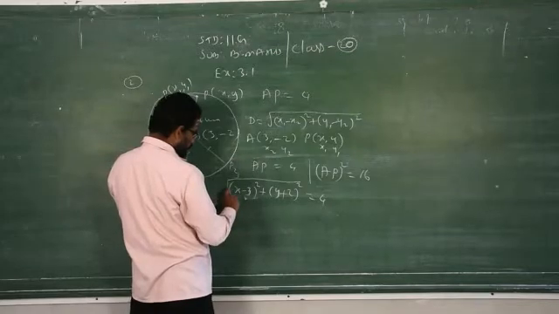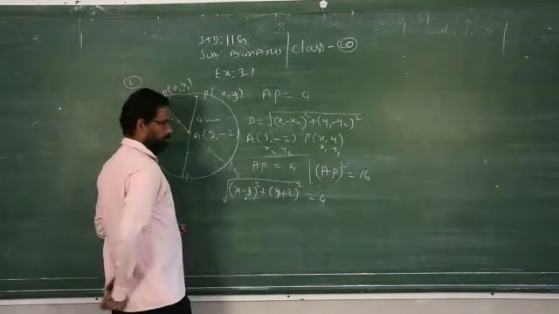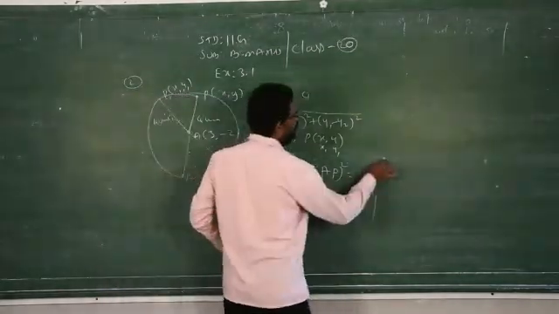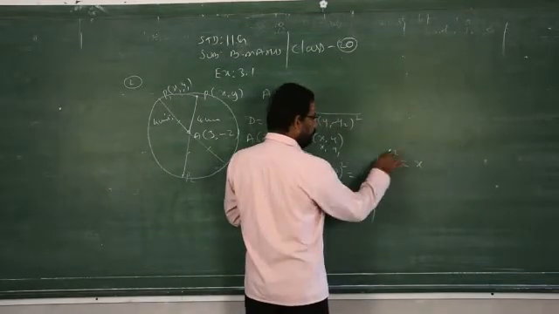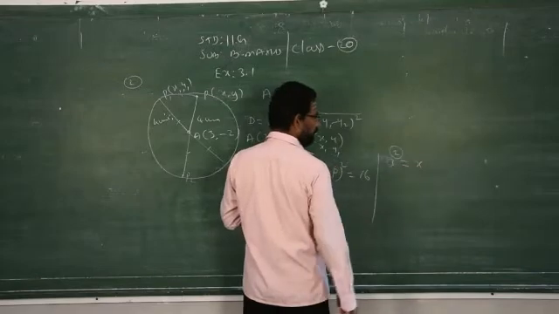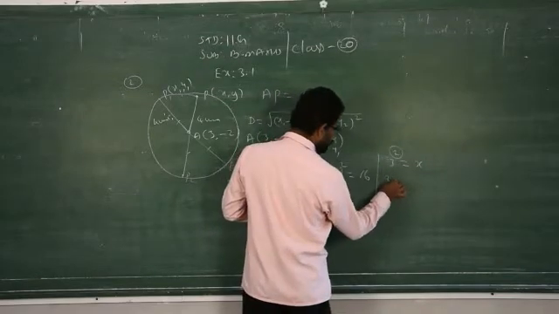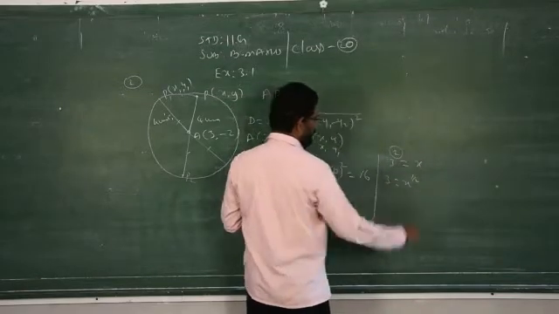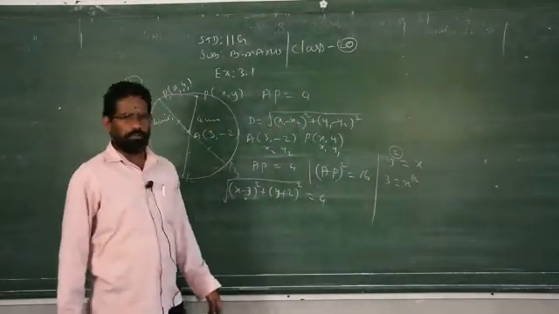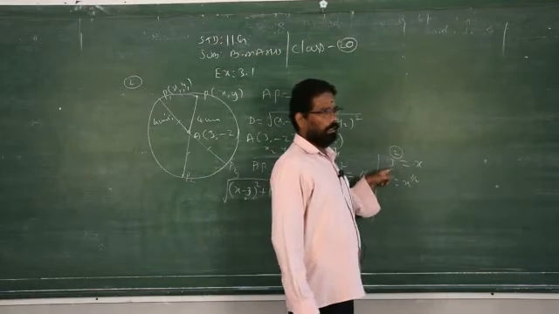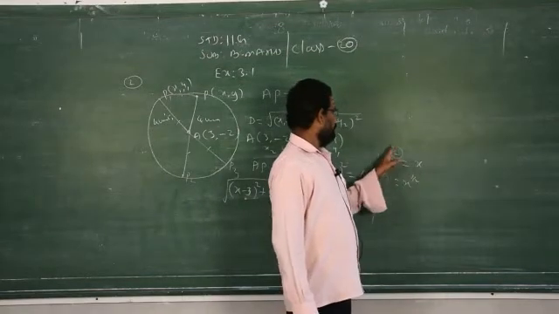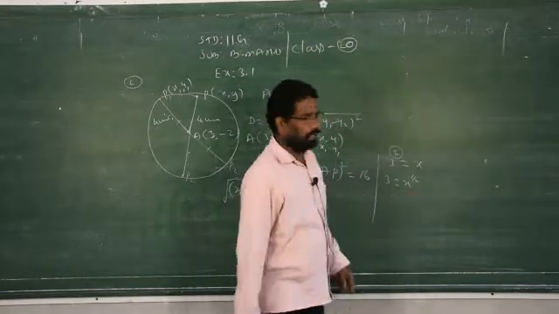Now, I have to remove the square root. When you transfer the square root to the right hand side, it becomes square. When you transfer the power to the right side, it will become the reciprocal of the power. That is the basic concept. When you transfer the power of any base to the right side, the power will always become the reciprocal.